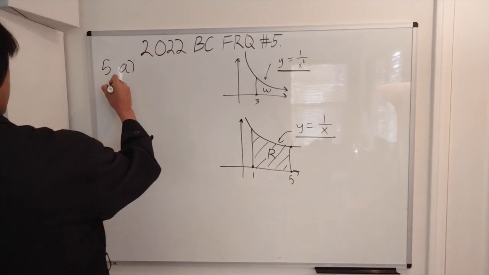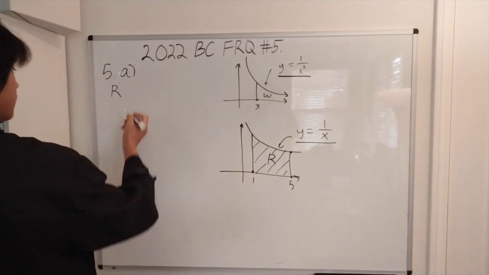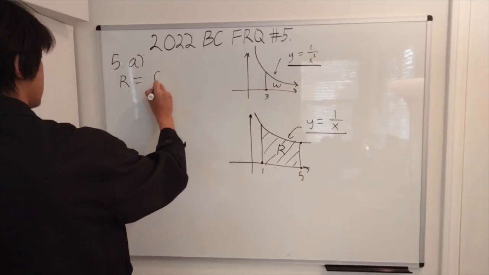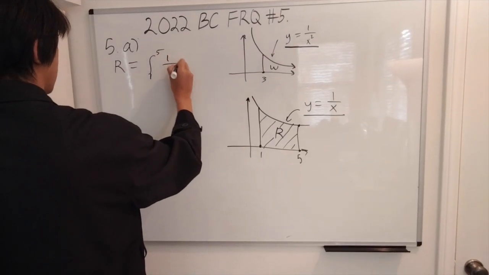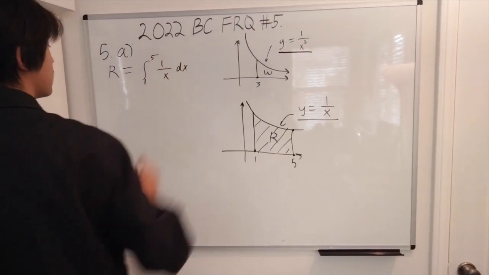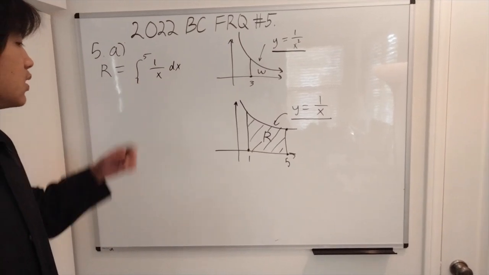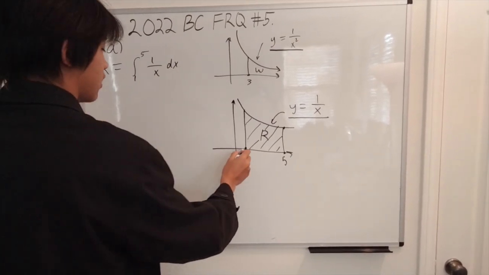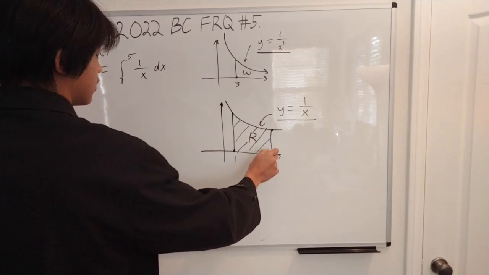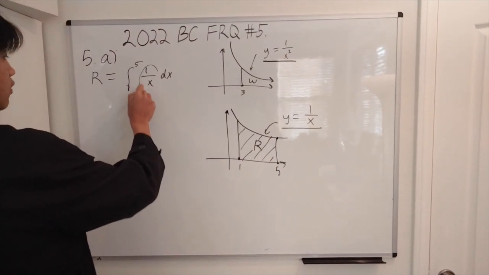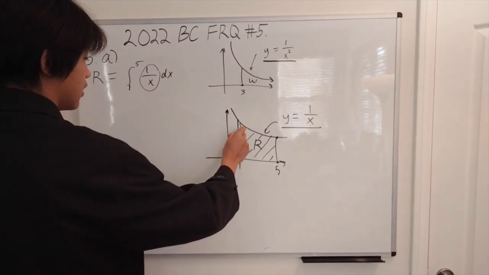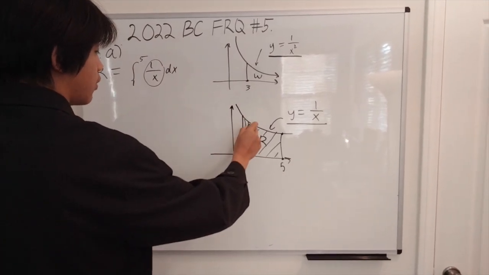Well, we can write R, or area, is equal to an integral from 1 to 5 of 1 over x dx. Now, let's see what this means. So we have our bounds here, x equals 1 and x equals 5. And basically what we're doing is we're taking 1 over x, which is this, and we're adding up all of these.